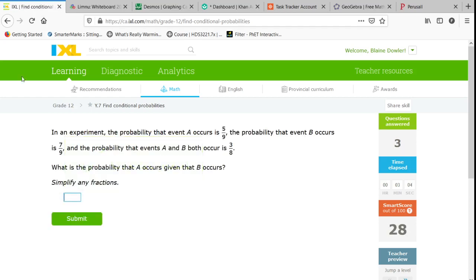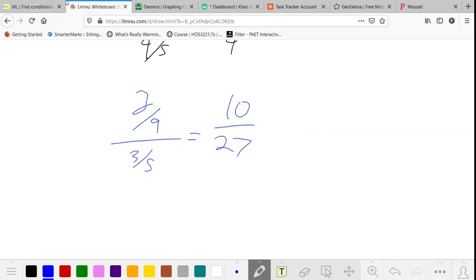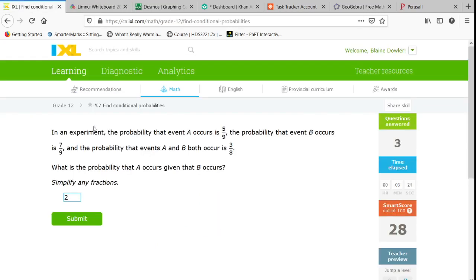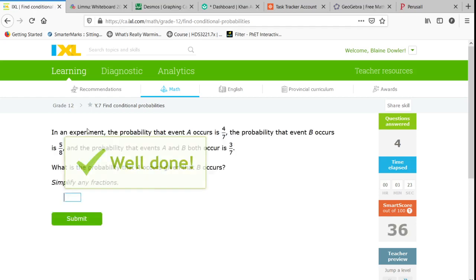Now here, what's the probability of A given B where A and B is 3/8 and just B is 7/9? 3/8 divided by 7/9 is 27/56. And we have another unreducible fraction.